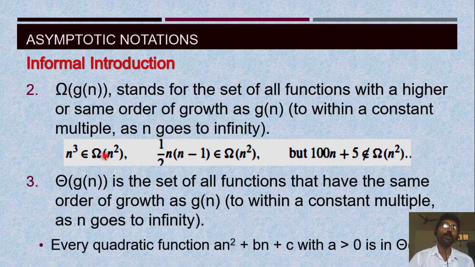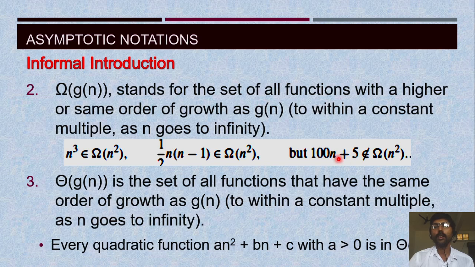If our algorithm takes n cube running time and the assumed algorithm is n square, I can say n cube belongs to omega of n square. Here also the same thing: n square and n square, both are the same, so it's an omega notation.